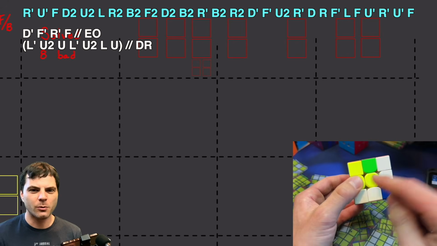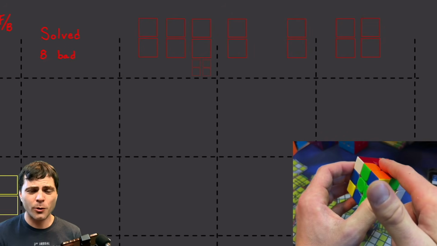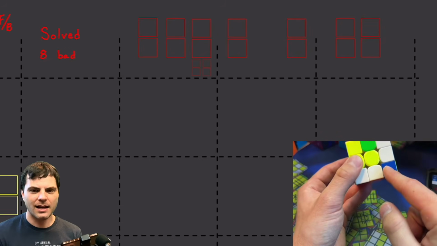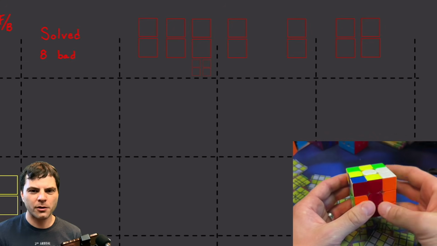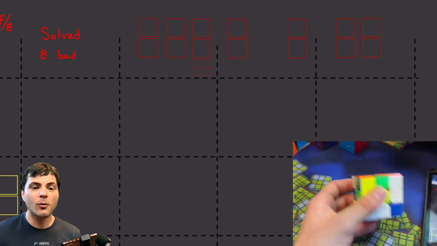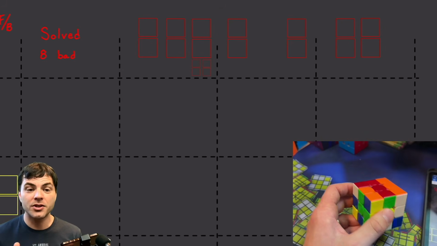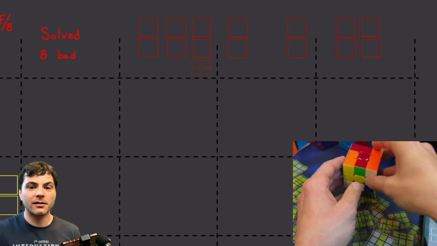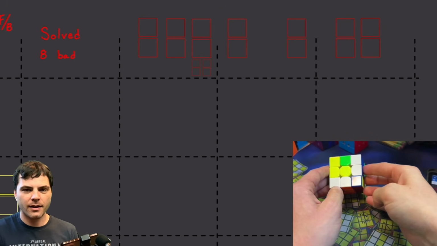I often will do white and yellow when I have solved orange and red or blue and green, and I can see which corners are misoriented. 1, 2, 3, 4. And that will help me figure out which case I have as far as that top row. That's what that looks like.